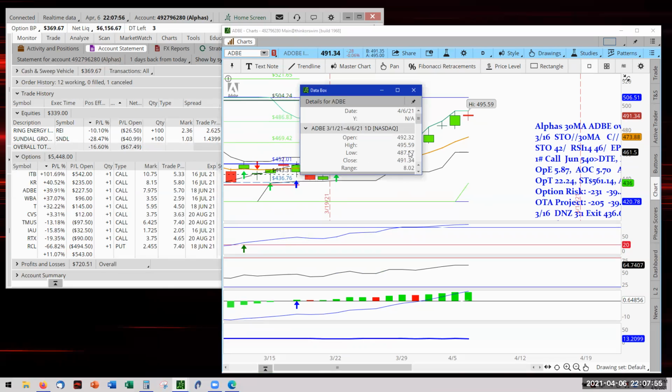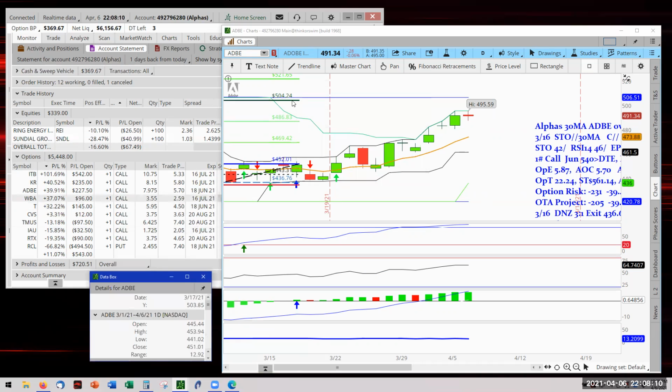Keep your eye on the word low: the low there is 480.71, 480.50, and now it's 487.57. Therefore, our stop will move here once we can close above that 504. Okay, look at the time. We're running a little long here.